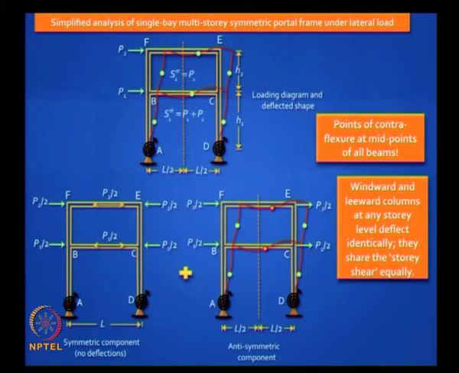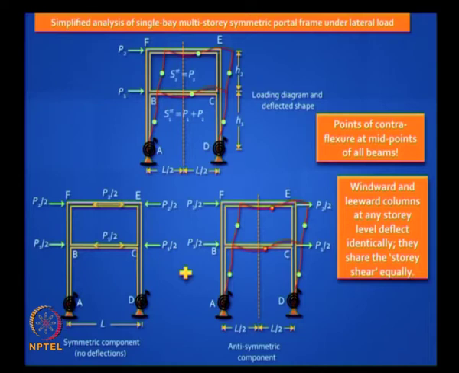The other point that is obvious is that because the two columns at any story deflect identically, they will have the same shear force and bending moment diagrams. So the story shear at any story level, considering cantilever action of that frame, must be shared equally by the two columns.